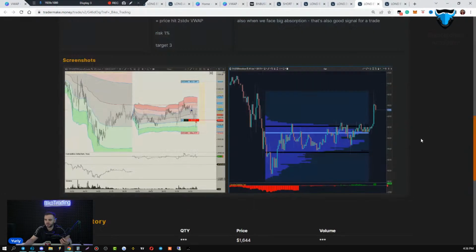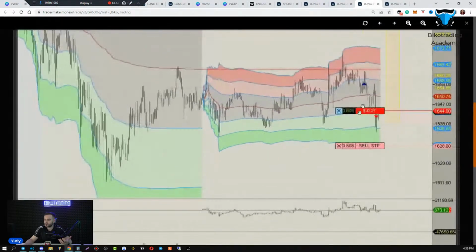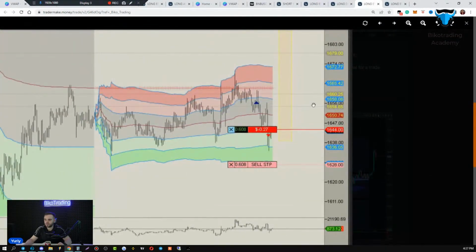And VWAP showed us, like in this example on Ethereum, that most of the volume, nearly 70%, was built in the middle of this gray area. This one is additional: less than 5% of volume was built here and here. What does this mean? Whales cannot build really big positions in those areas.